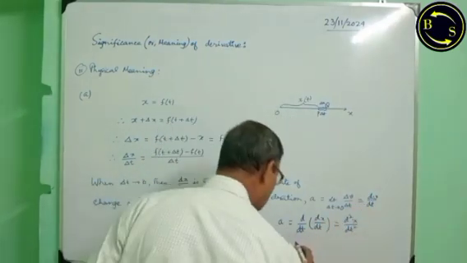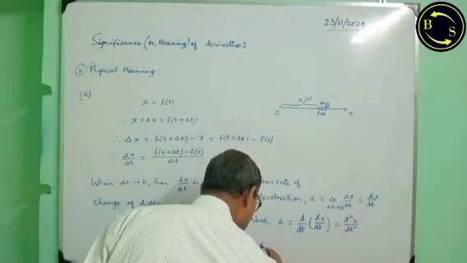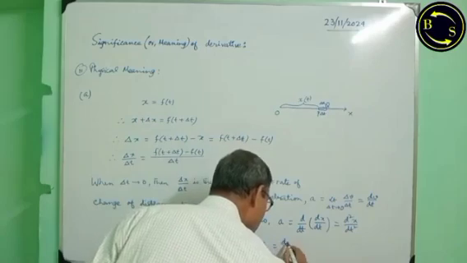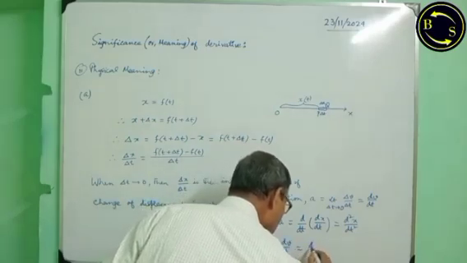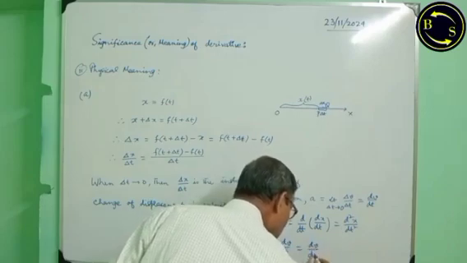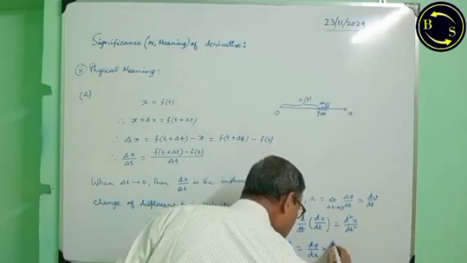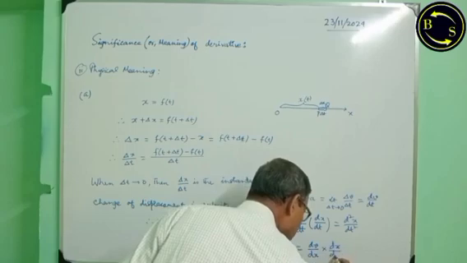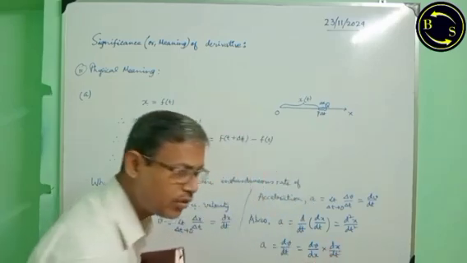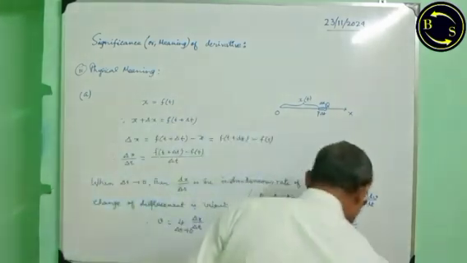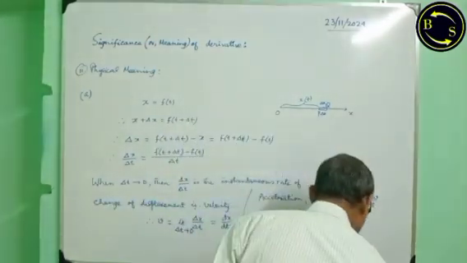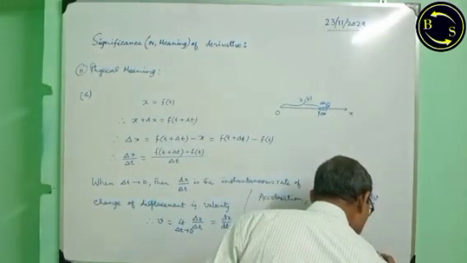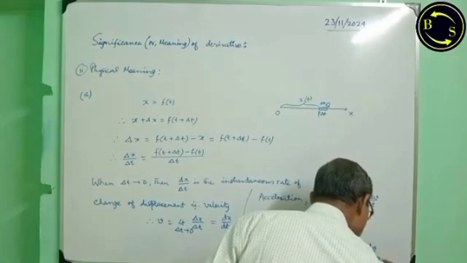Again, we can write dv/dt as dv/dx into dx/dt. I have used here the chain rule. Now dx/dt is again v, therefore it is v dv/dx.